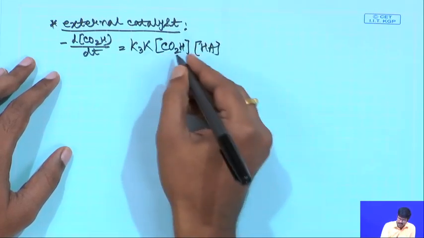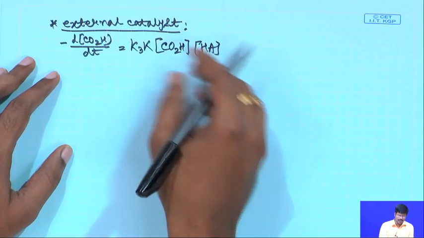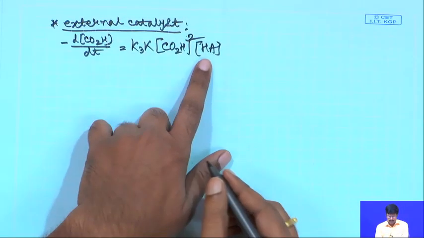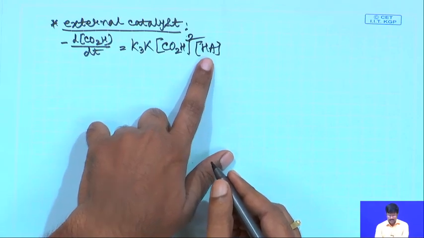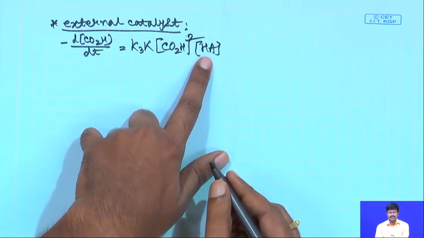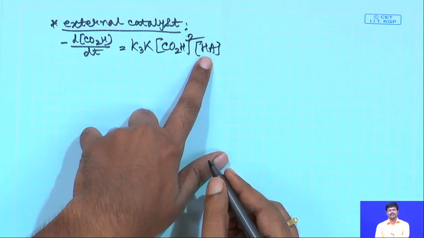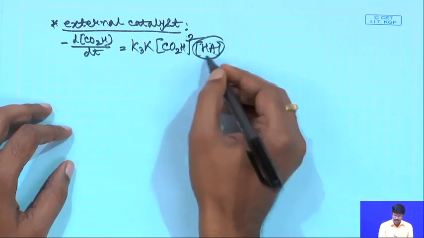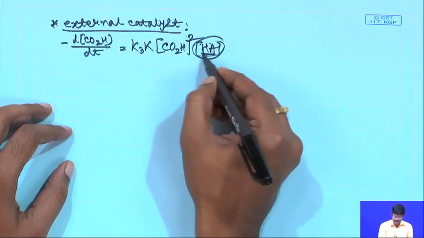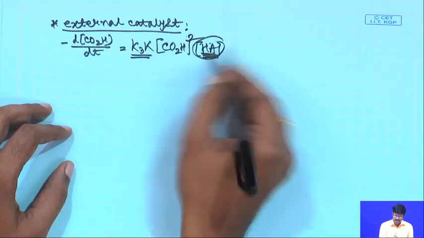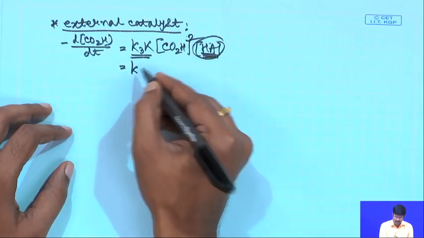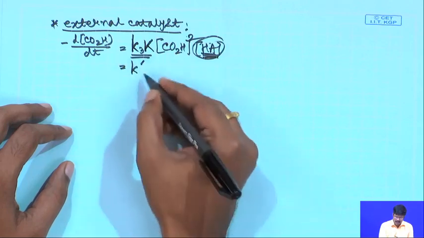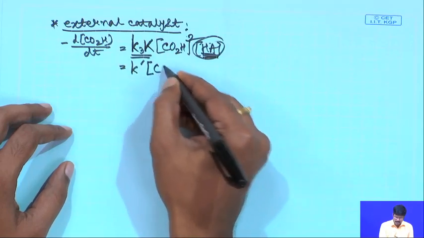Both CO2H and OH concentrations are the same to start with because it is stoichiometric, so this becomes a square. We do not replace HA with CO2H because we have added a small amount of a mineral acid as an external catalyst. Since this is the catalyst, its concentration is constant, so it can be incorporated into the constant. Again this is capital K, this is small k, so let us say small k prime, and then it becomes CO2H whole square.